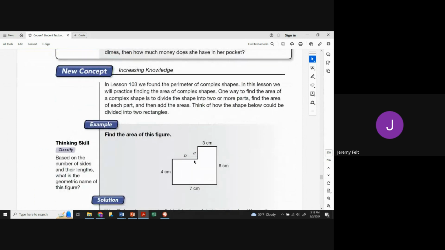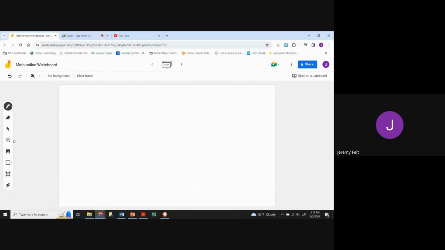So if we have this one right here, we have 1, 2, 3, 4, 5, 6 sides, but we can break it into a shape. So let's attempt to draw these.